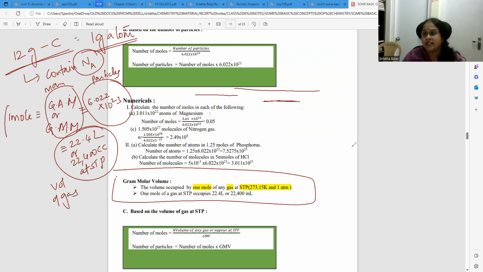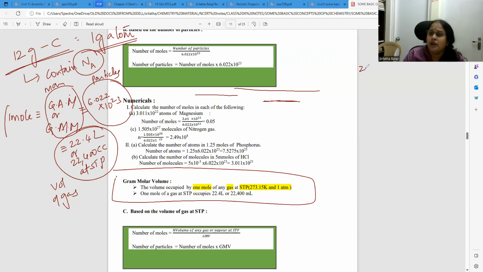Are you getting it? See, yesterday I explained to you what is Avogadro's law. So what does Avogadro's law state? That equal volumes of all gases at identical temperature and pressure conditions will contain equal number of molecules. I had referred to this if you remember.